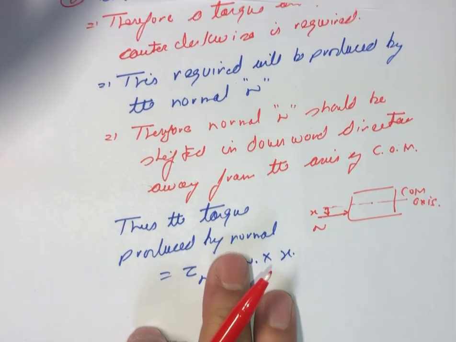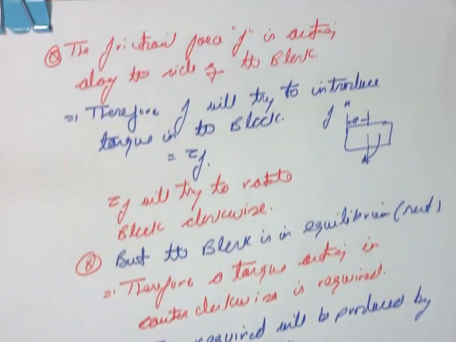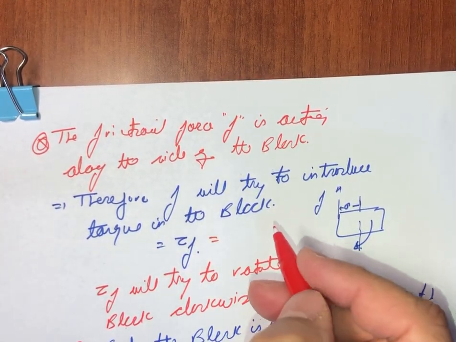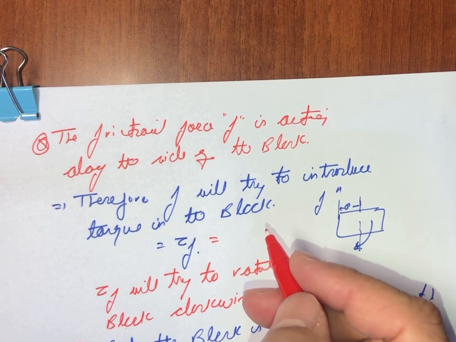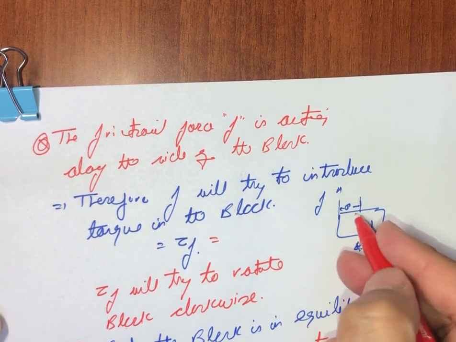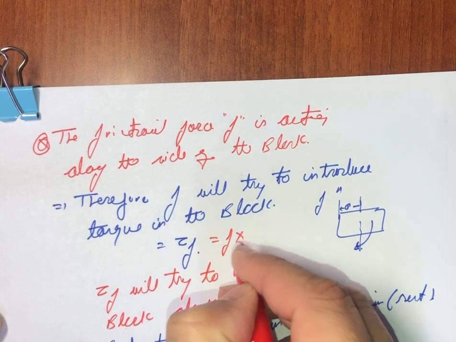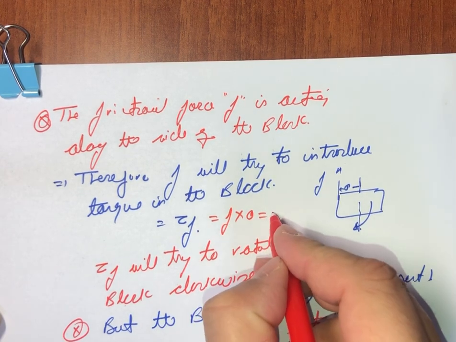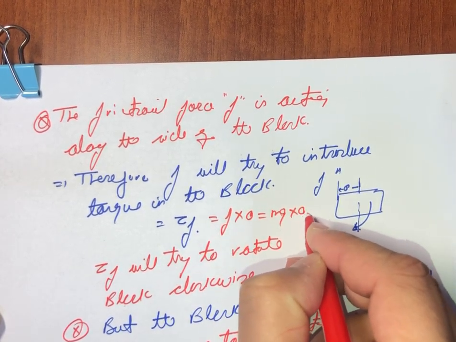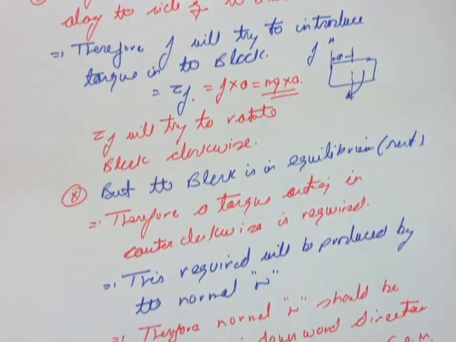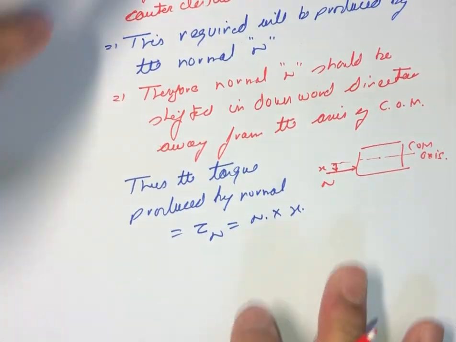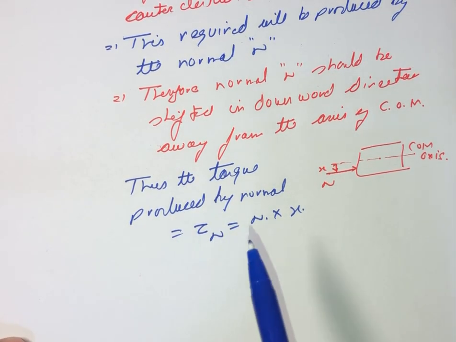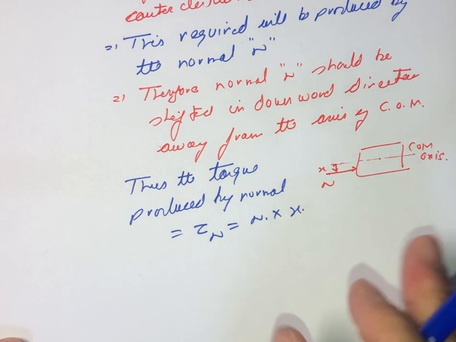And you can also say that this frictional torque tau f will be equal to F multiplied by A, and F is also already equal to mg, so this will be equal to mg multiplied by A. So now this one is the clockwise torque and tau n is the counterclockwise.